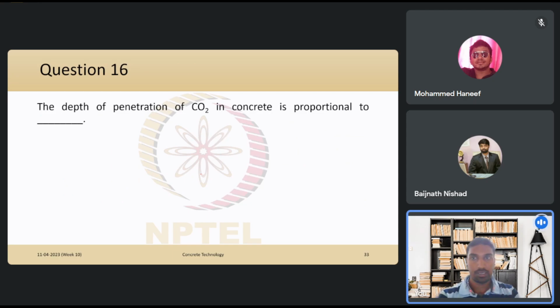Okay. So question 16 is: the depth of penetration of carbon dioxide in concrete is proportional to dash.